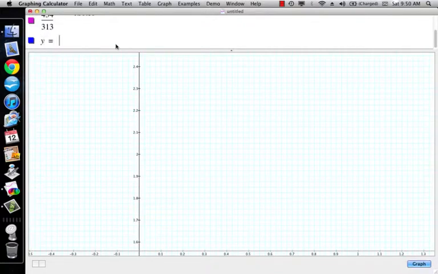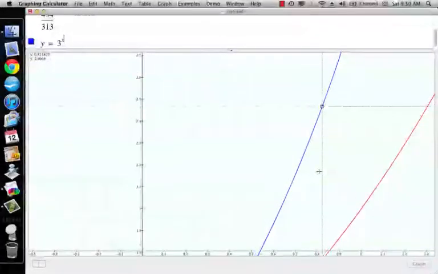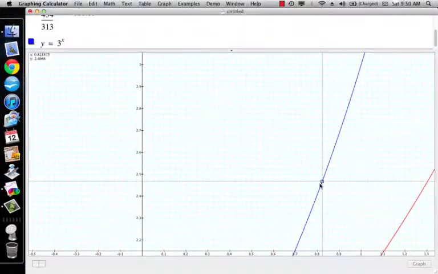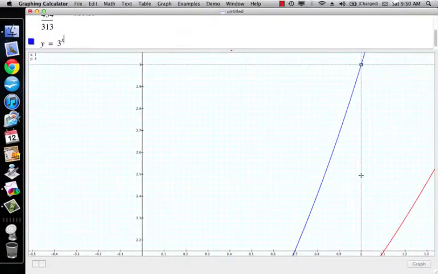Okay, so now let's do another function. y equals 3 to the x. And let's find out what the slope of that line is at x equals 1. So I'm at the point 1, 3.